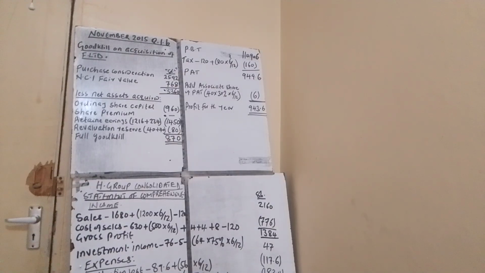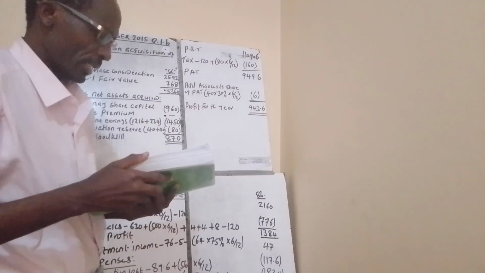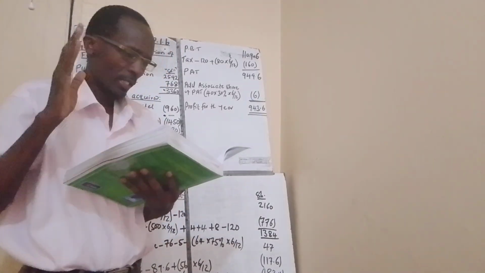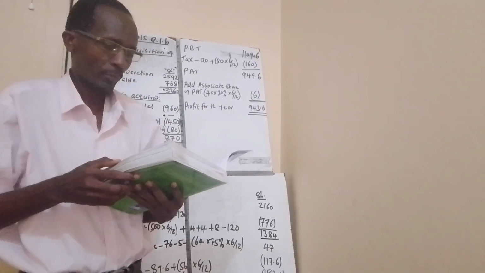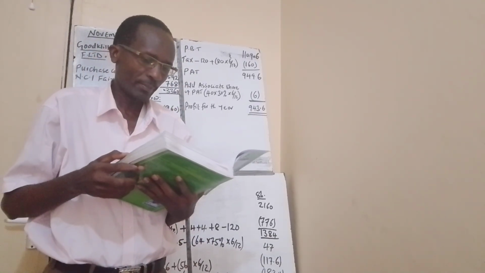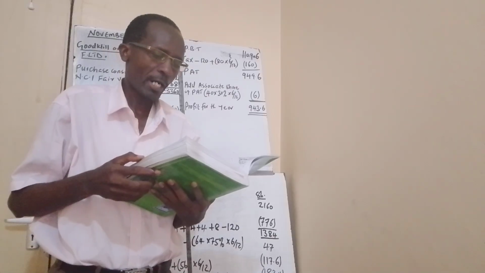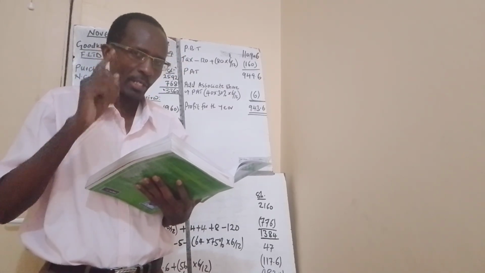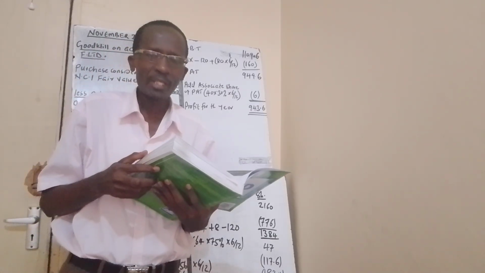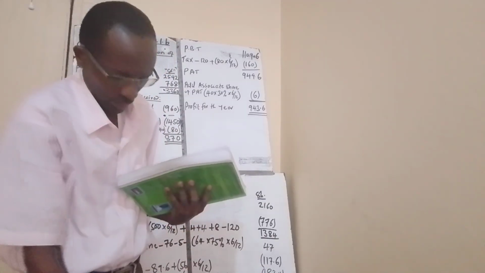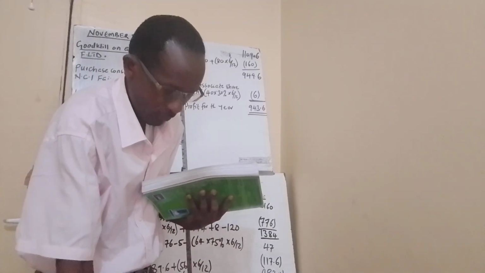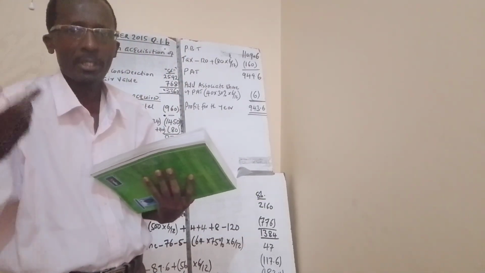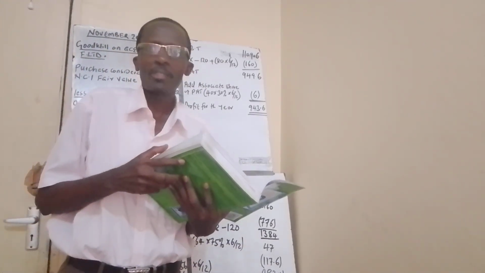Up to that point, something that we should note there is that because H Limited acquired 75% of F Limited, obviously, H becomes the parent and F Limited is a subsidiary. Because we said a subsidiary occurs where we have acquired more than 50% of the investee.